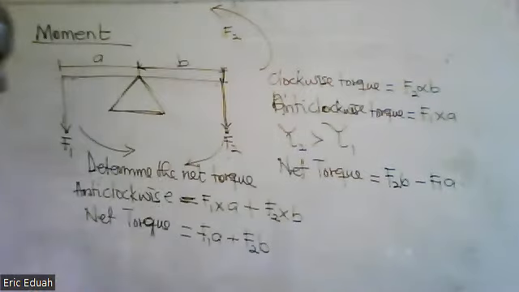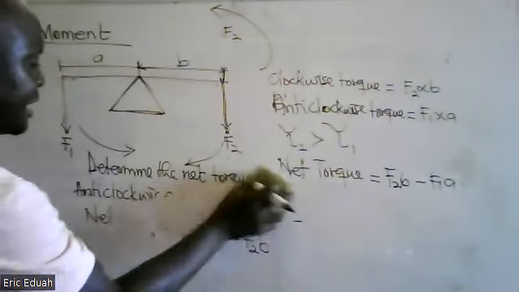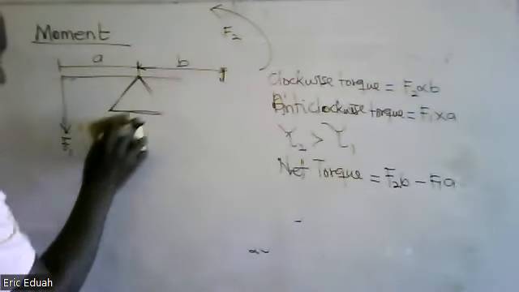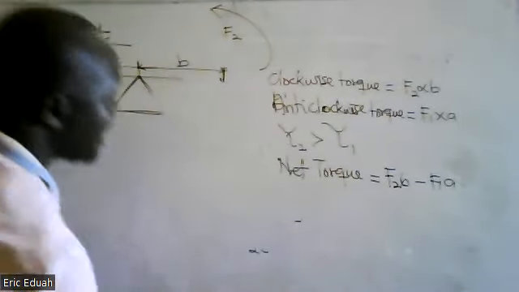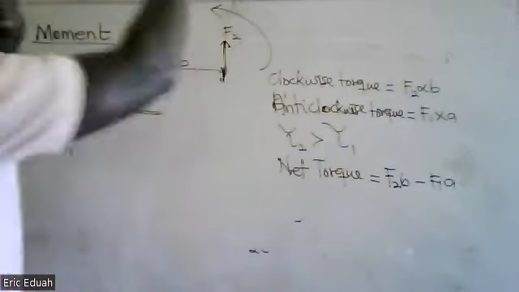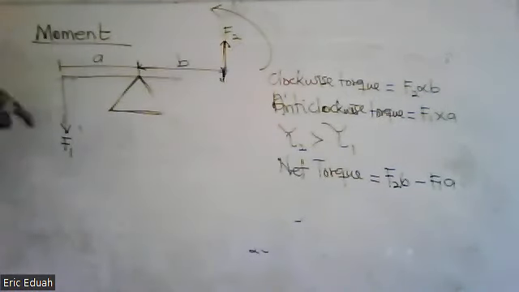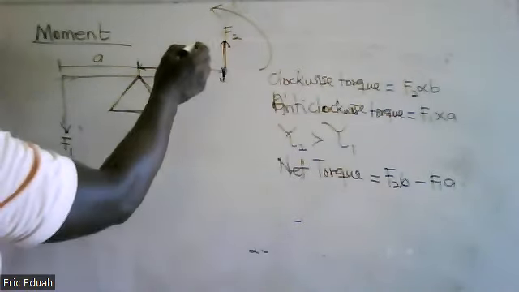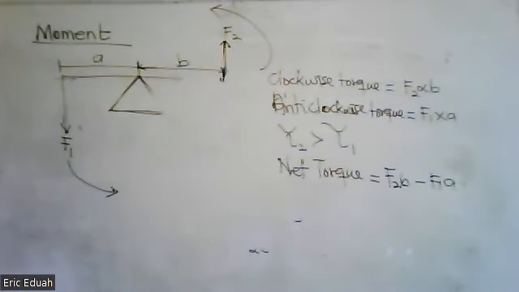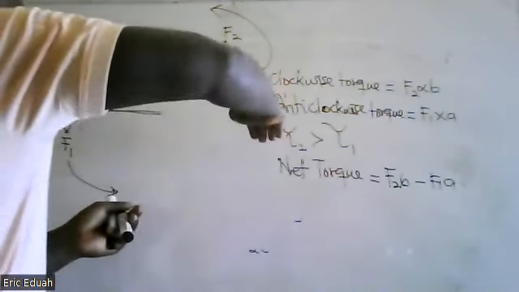I've given you in the first consideration, assuming F2 is acting going up and F1 is coming down. When you look at both, they all act along the same direction. This is going anti-clockwise.